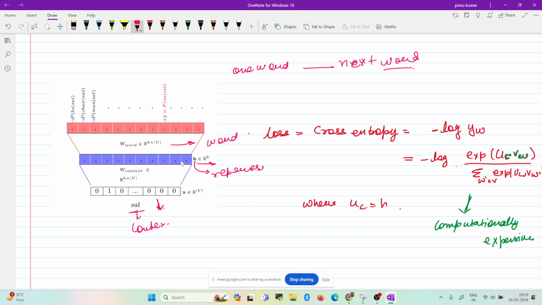You will learn some weight, and after that weight, this h that you obtain is your actual word representation.